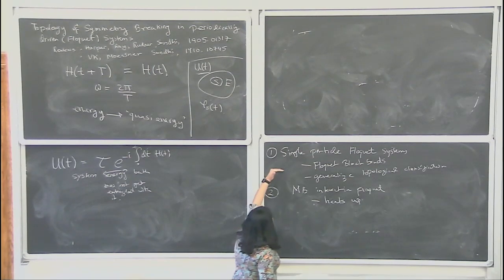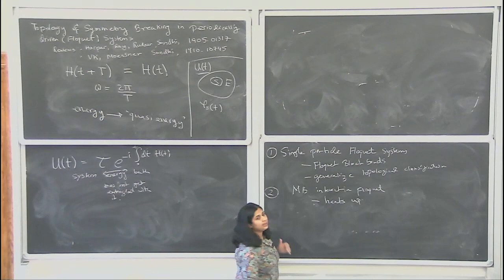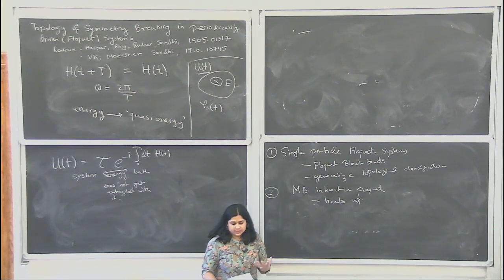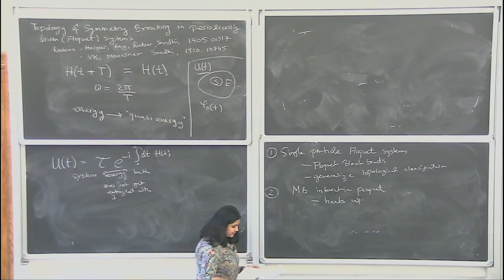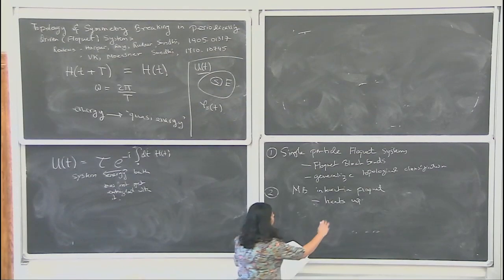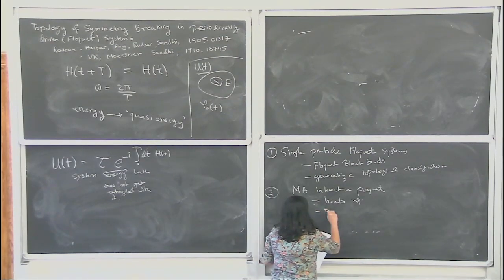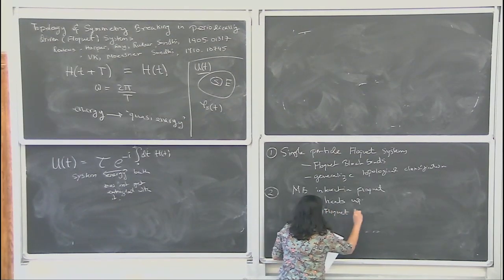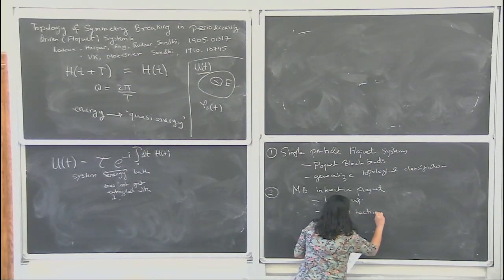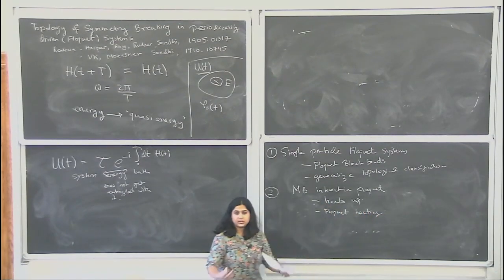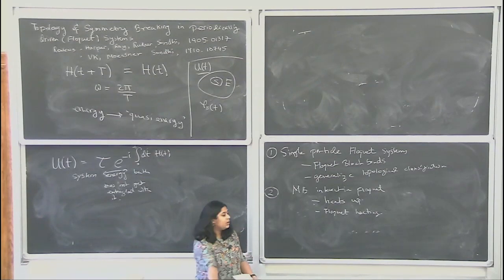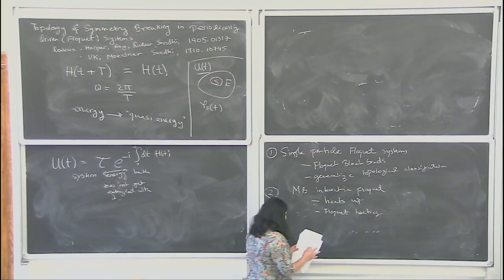So there's really a breakdown in going from single particle to many body Floquet systems in a way that doesn't really happen in a static system. We'll be addressing issues of Floquet heating and how this can be either prevented or delayed so that you can get non-trivial behavior for long periods of time.